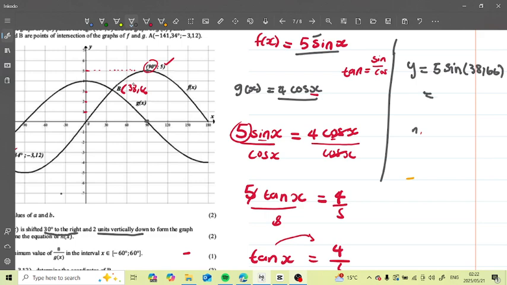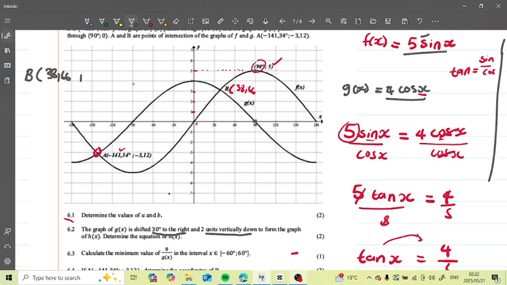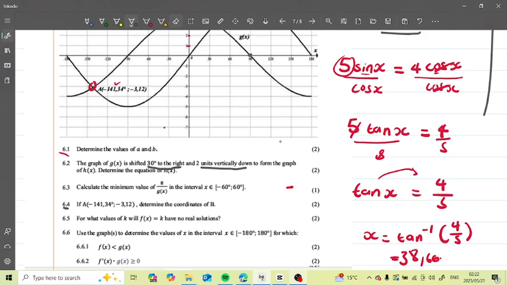So I'm just gonna say 5 sine answer, and I'm gonna get 3,12 as my y value. So basically my coordinates at B are 38,66 for x, and my y value is 3,12. All right. Now we're done with this question. So let me quickly erase here on the side so that we could do the other questions as well.